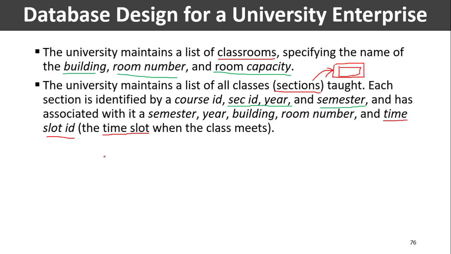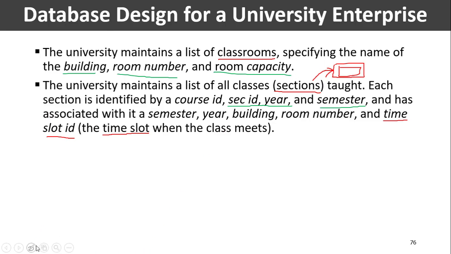And also this may have the attributes like when to meet, so a day, the start time and the end time, and so on. Okay, so we may have one more entity set that is associated with the sections.